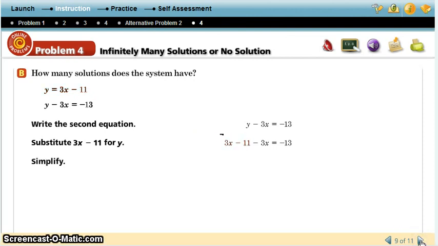Next, simplify the equation. The statement negative 11 equals negative 13 is false, so the system has no solution. The equations in the system represent parallel lines.